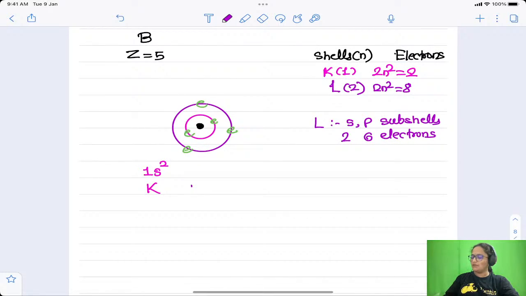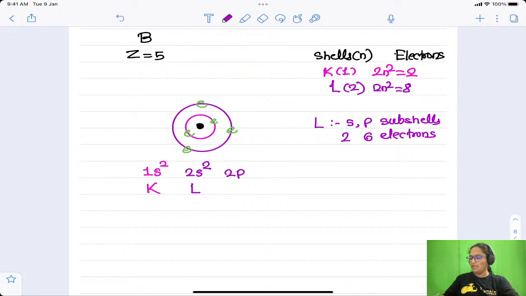So next, for the L shell, the next electrons will enter the s subshell first, in sequence. So the shell number is 2, the symbol is s, and 2 electrons will enter here. 2 plus 2, 4 electrons have entered. What about the 5th electron? Here we cannot add 3, right? Because that is the capacity of the s subshell, only 2. So the next electron will enter p. This p belongs to the L shell, that is the second shell, so its symbol will be 2p.